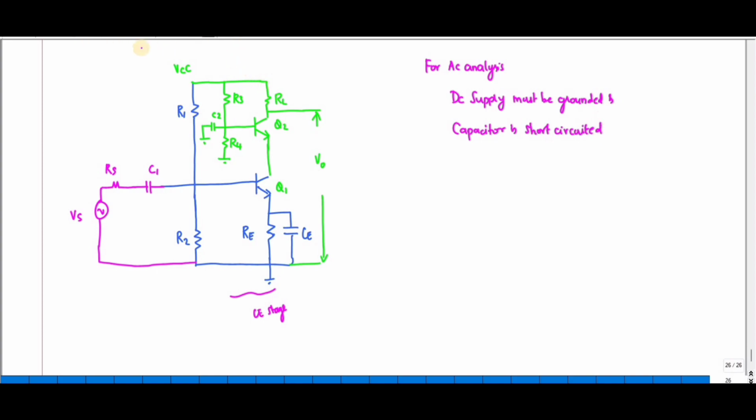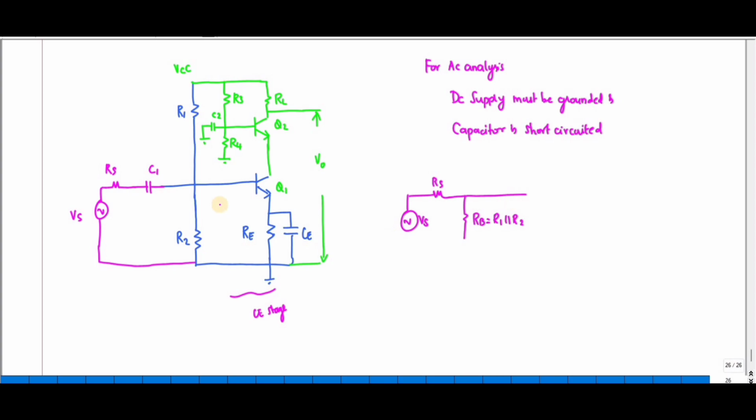So I am going to redraw this as VS, RS. The capacitor is short circuited, and RB is nothing but R1 in parallel with R2.